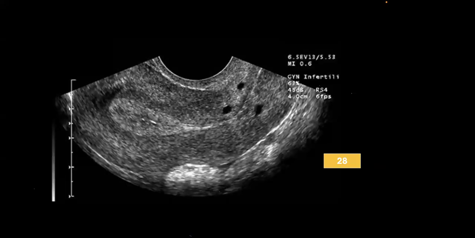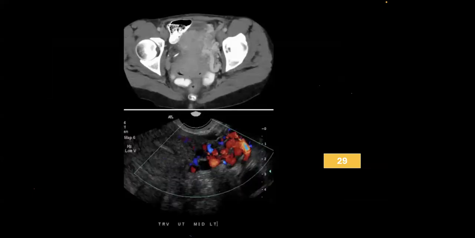An easy one. 29. So, is it inside the uterus or outside the uterus?